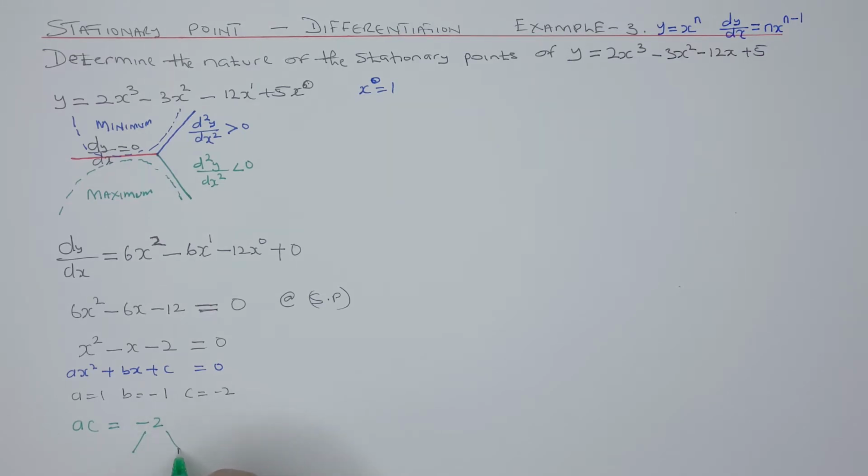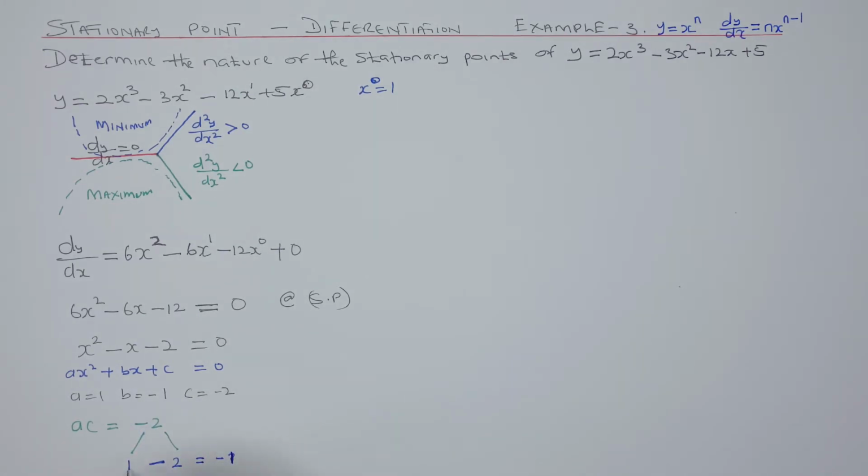I need two numbers that multiply to give minus 2, the product, and when I add them together, the sum, I get minus 1. 1 and minus 2: 1 times minus 2 is minus 2, and 1 plus minus 2 is minus 1. So that's correct.